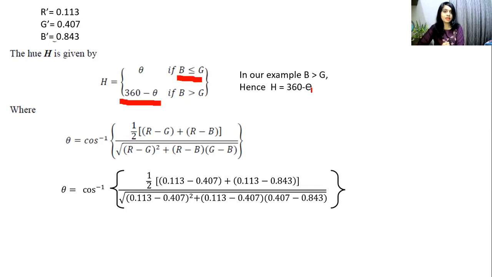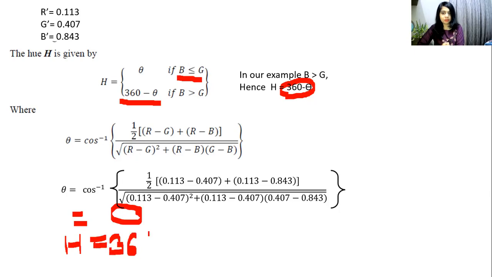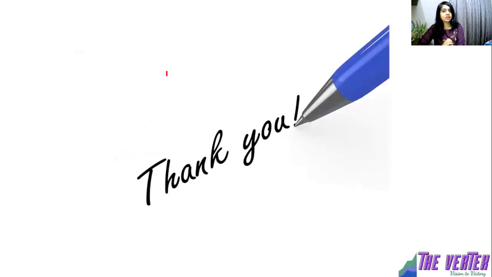After solving, subtract it from 360. Here I have not done the final solution, so solve this formula and you will get some value. Then for calculating H, you have to take 360 and subtract this value, whatever you get here, and you will get the value of H. I hope you understood the fundamentals of color image processing. Still, if you have any doubt, you can always ask in the comment section.